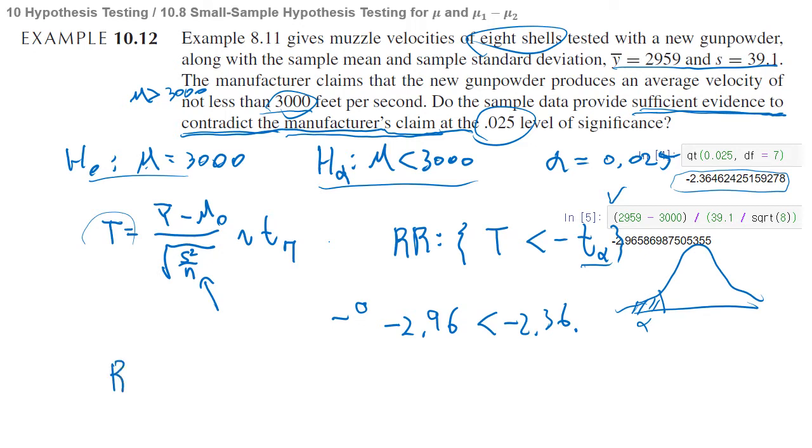Our conclusion is that we reject H0, and we have sufficient evidence to contradict the manufacturer's claim at level alpha equals 0.025. That's what we can conclude from this hypothesis testing.